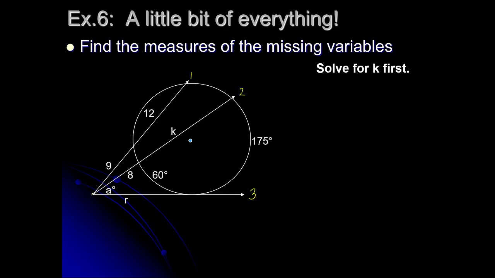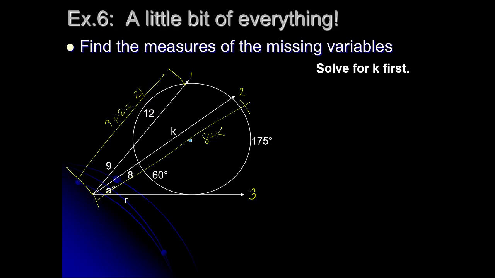So, we have 9 plus 12, this one, which is how much? 21. So, take note, that's the longer segment. What about here? How long is the longer segment? 8 plus K. So, take note of that.